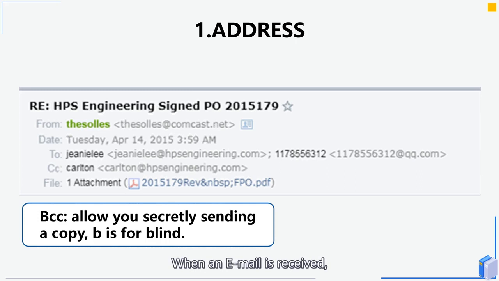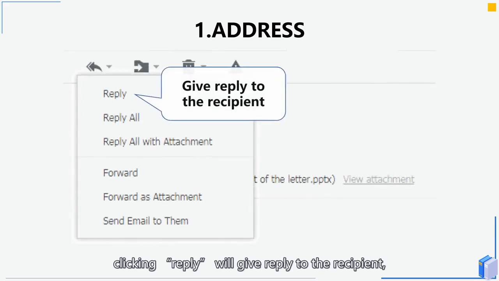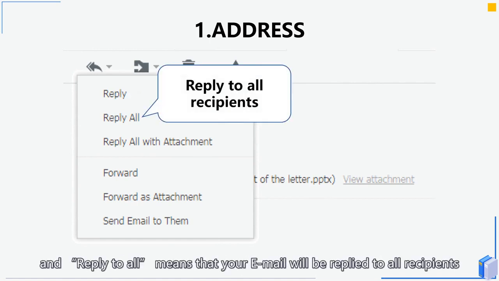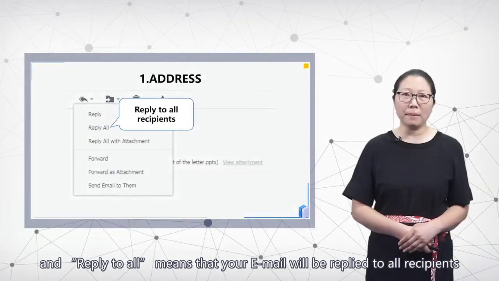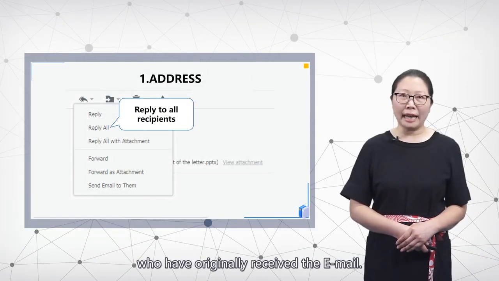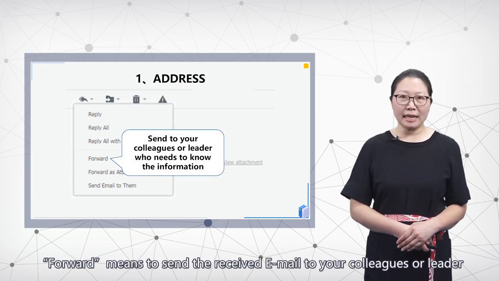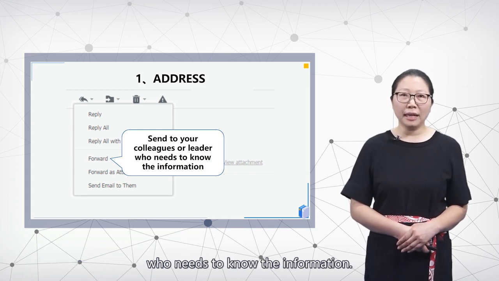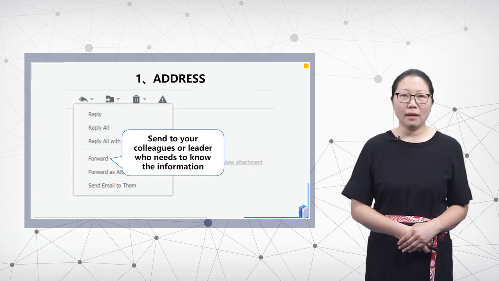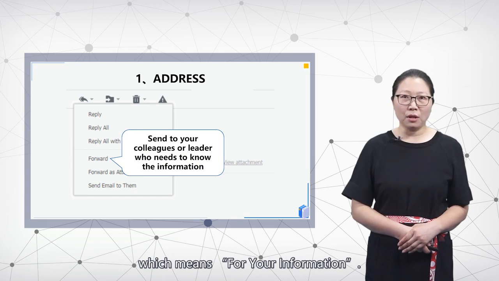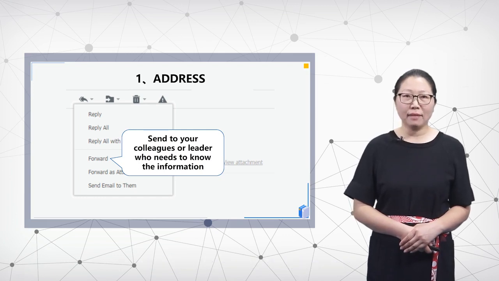When an email is received, clicking Reply will give a reply to the sender, and Reply All means that your email will be sent to all recipients who originally received the email. Forward means to send the received email to your colleagues or leader who needs to know the information. It is usually indicated with FYI, which means for your information.